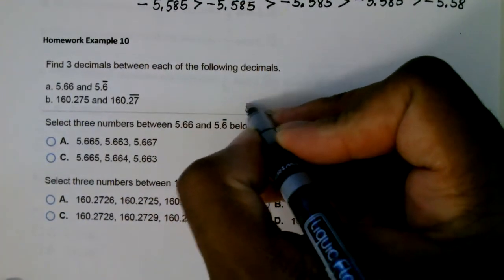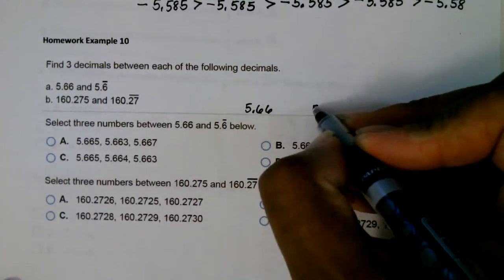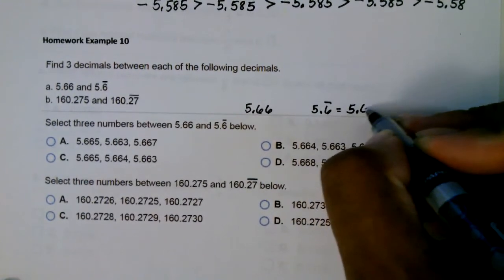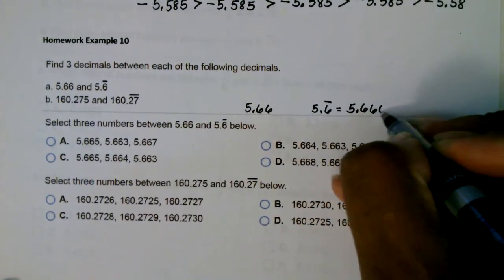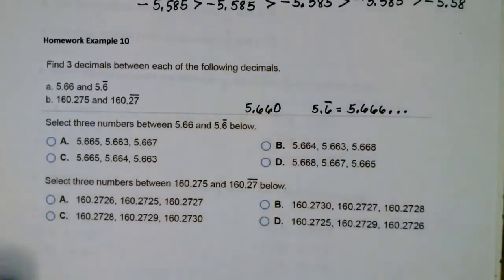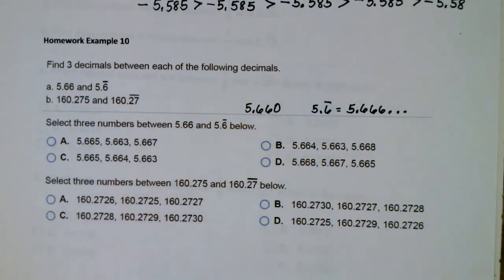So 5.66 is just 5.66. But 5.6 repeating would be something like 5.666, and so on. I'm gonna put 5.660 here. So I need to select 3 numbers that are between these two, 5.660 and 5.666 repeating.